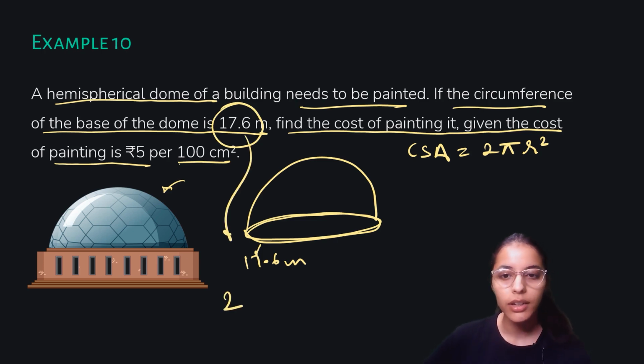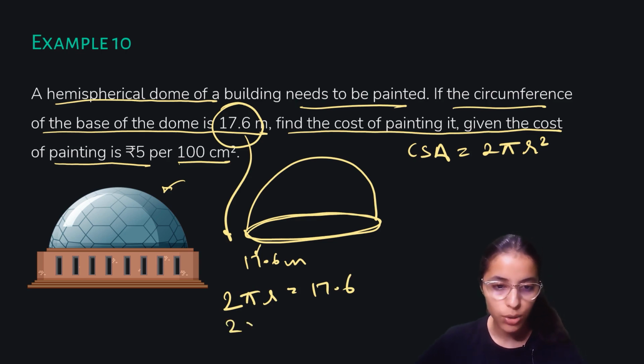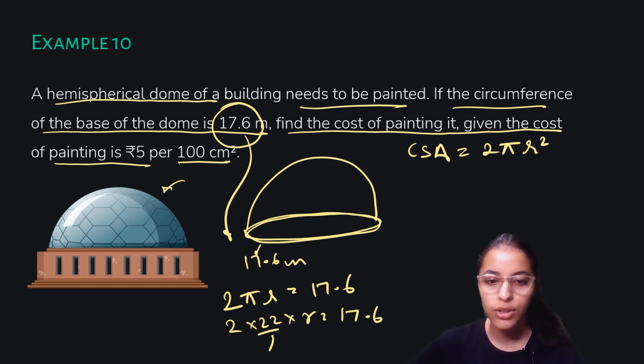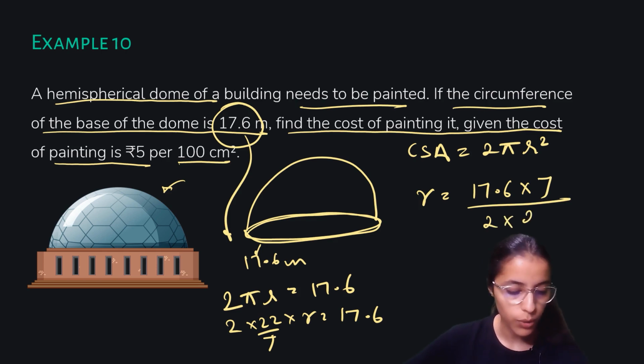Since we know the circumference of a circle is 2 pi r, which is equal to 17.6. So now when we substitute the values, we get 2 into 22 by 7 into r, which is equal to 17.6. And so r will be equal to 17.6 into 7 upon 2 into 22.